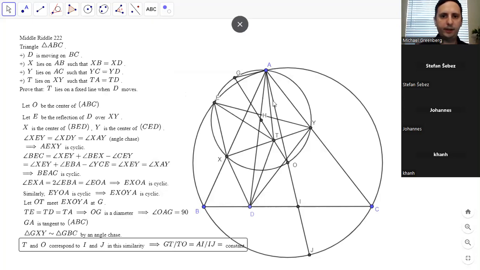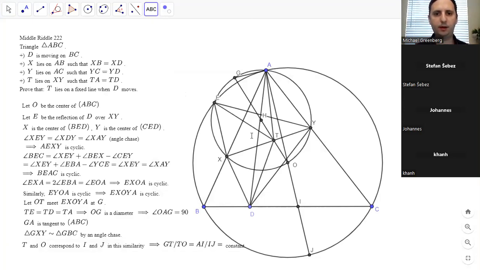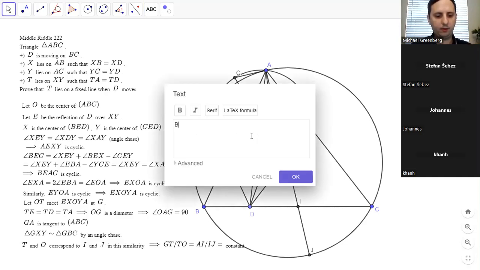So by homothety at O, T lies on the line parallel to AG.